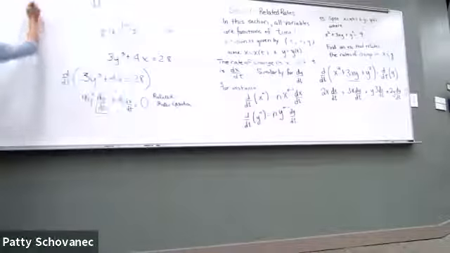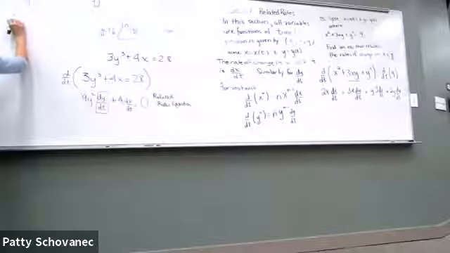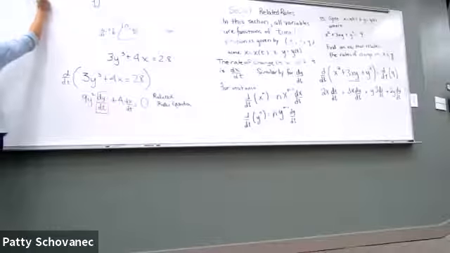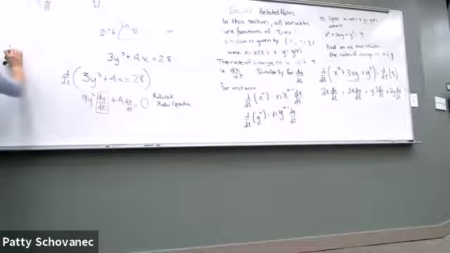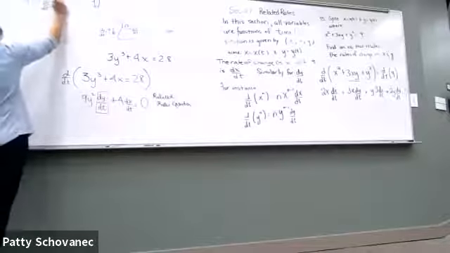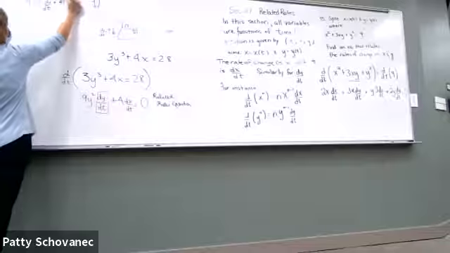And so we have 9 times 1 squared, dy dt is what we're going to solve for, plus 4 times dx dt is equal to 0.